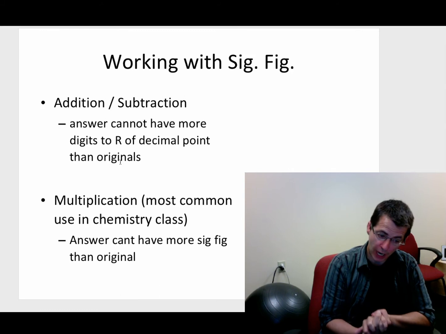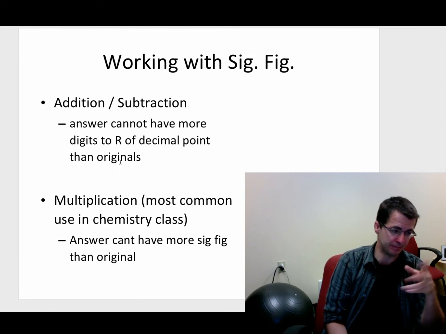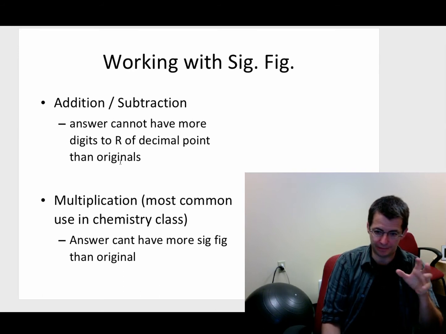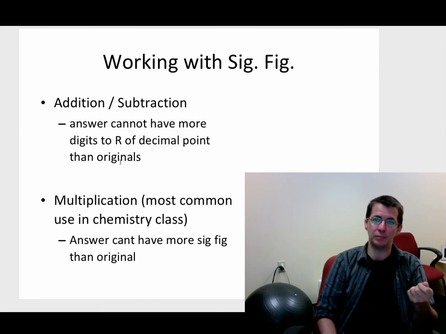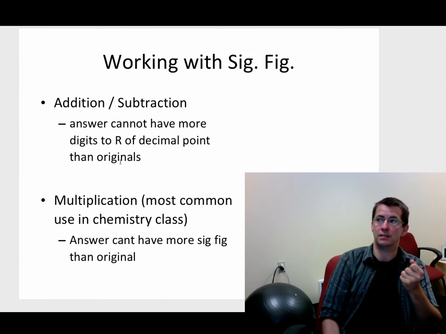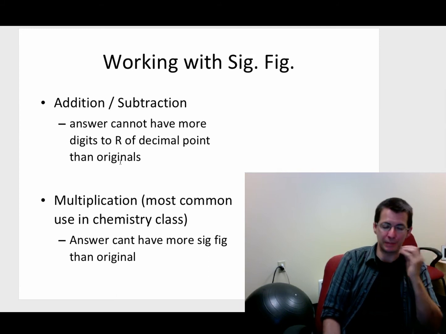With addition and subtraction, when you deal with sig figs, it's the old joke about the millionaire going to the grocery store. If I go to the grocery store with a $5 bill and I buy a $1 loaf of bread, I have $4. But if I'm a millionaire and I go to the store and buy a loaf of bread, I'm still a millionaire.